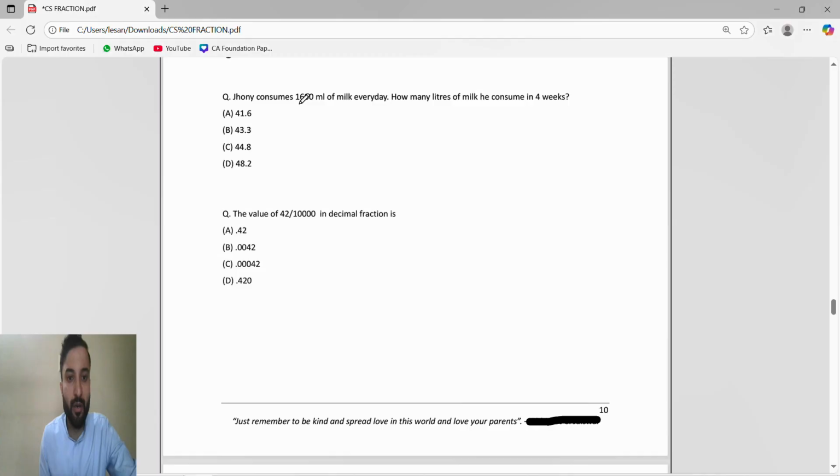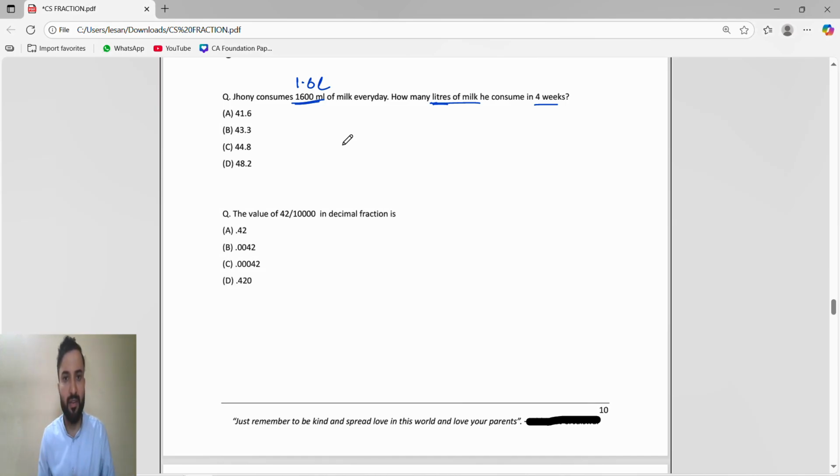Okay, Johnny consumes 1600 ml of milk every day. How many liters of milk does he consume in 4 weeks? Very simple, guys. They asked in liters, and it is given in ml. So 1600 ml means 1.6 liters. 1.6 liters in one day.